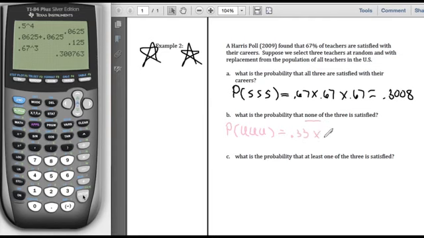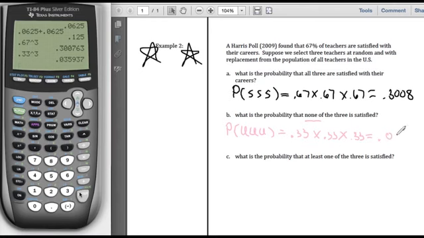So 0.33 times 0.33 times 0.33. 0.33 raised to the third power gives me 0.0359, rounded to 4 places.